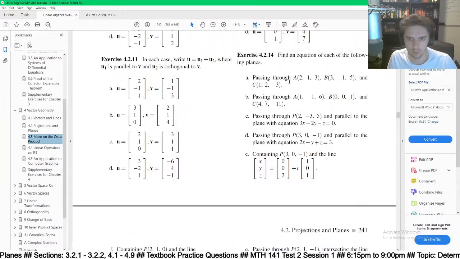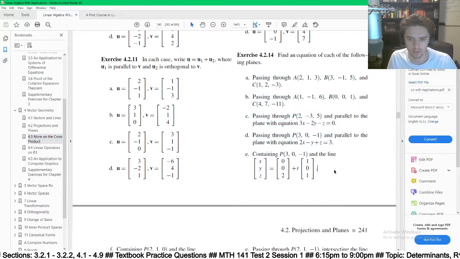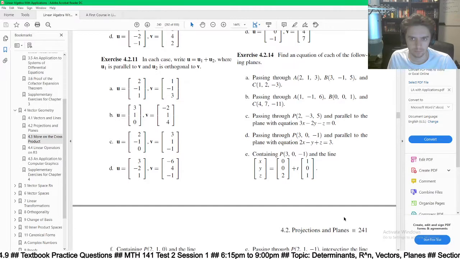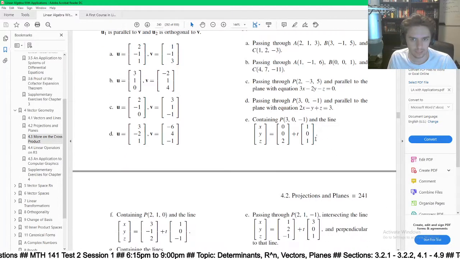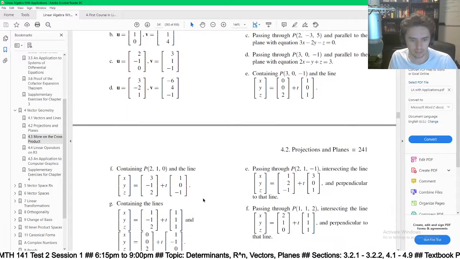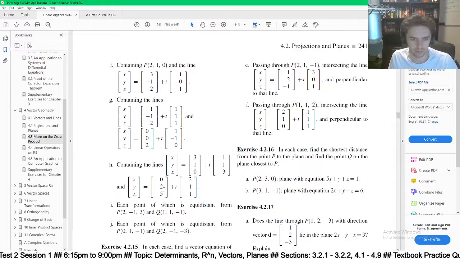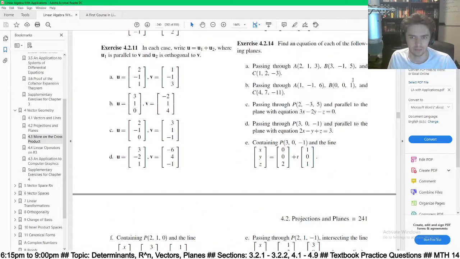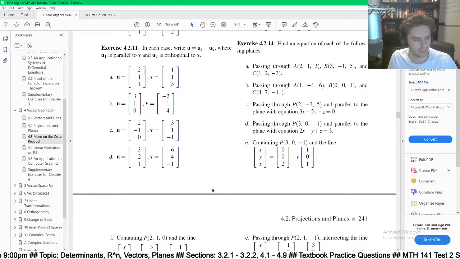So 4.2.14 is this. Find the plane with this. So it's A, B, C, D, E, F, G, H, I, J. Oh my god, there's a lot. Never mind. So A to J up here, so give people a second to read that. Anyone want me to do that? I assume you can see my screen.